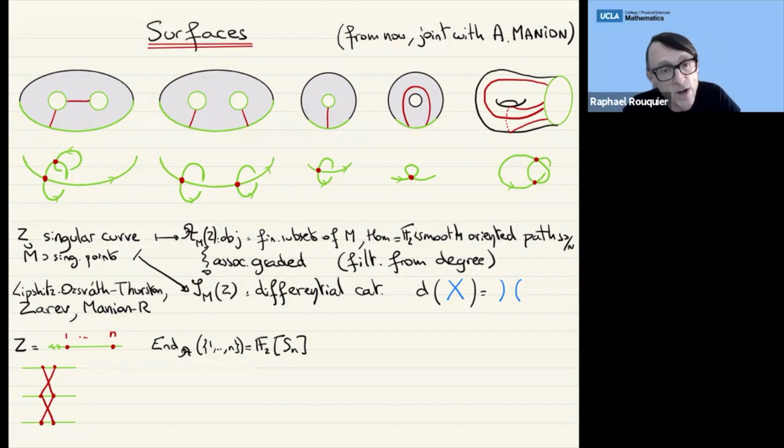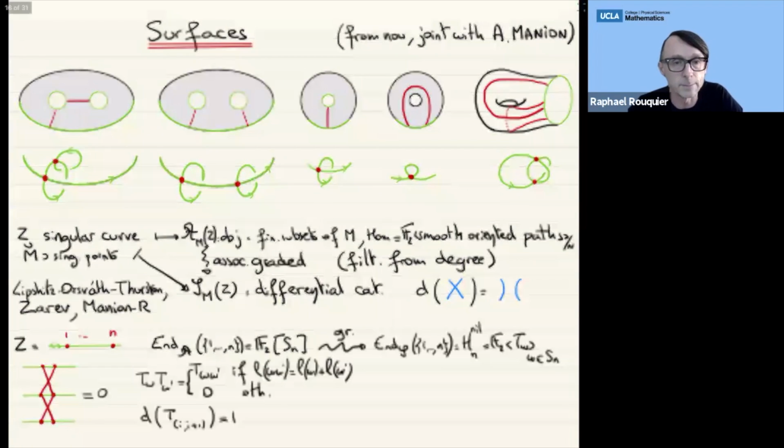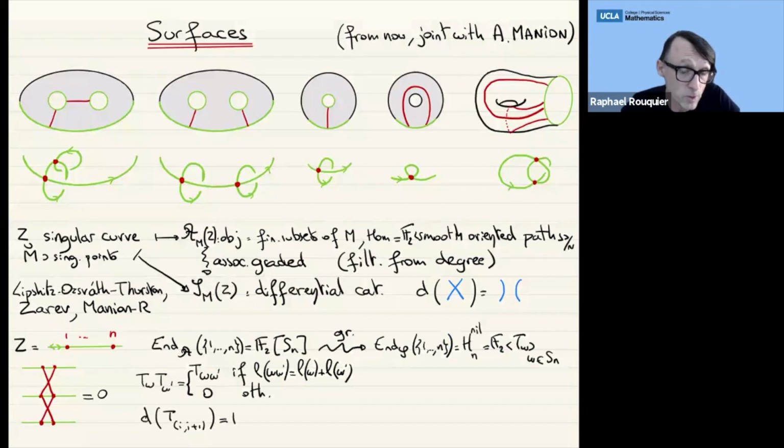But now we put a filtration on that category, which is really the length of the permutation in terms of Coxeter structure. So it's the number of crossings really of your braid. And when you do that, the associated graded, what you get is the nil Hecke algebra. You still have generators which are pictures, which are these singular braids, but parameterized by permutations.